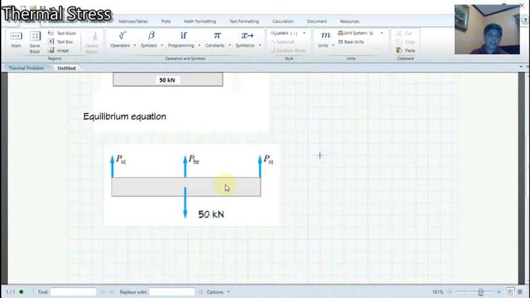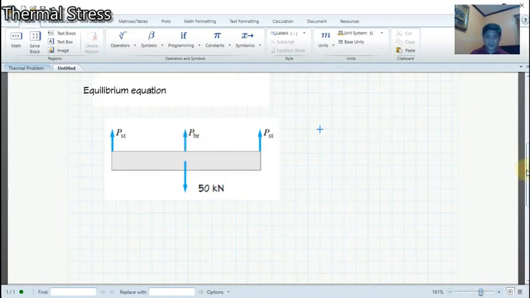The forces acting on the block are the weight of the block, which is equivalent to 50 kilonewton, and the tensile forces in the rods. So let PST be the tensile force in the steel rods, and PBR be the tensile force in the bronze rod.